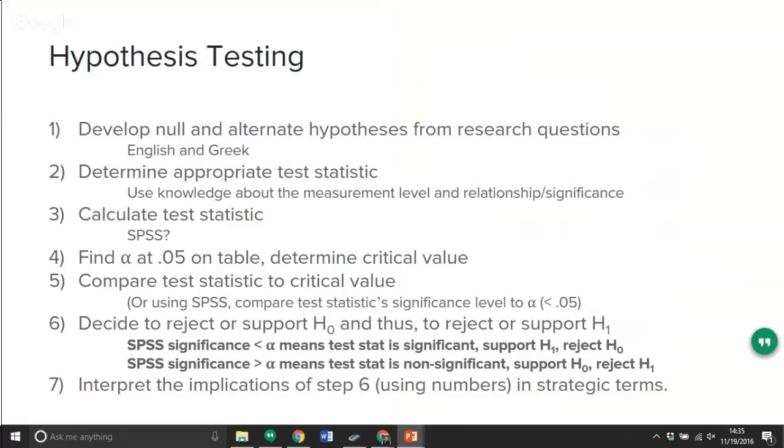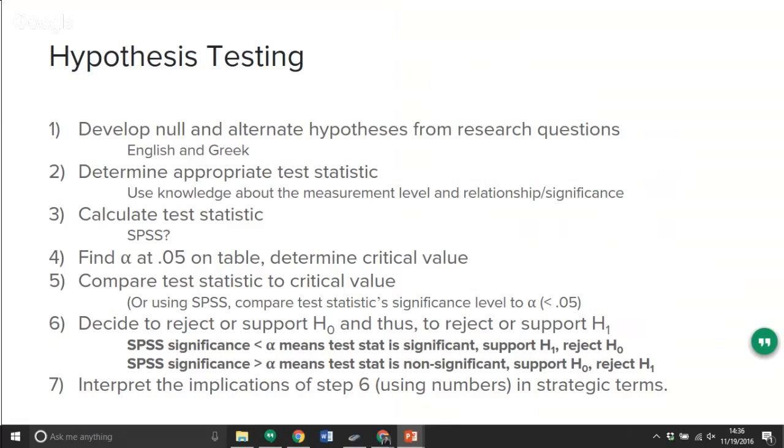Remember, we want to test the null hypothesis to see if there's nothing going on, but that's a boring hypothesis. We want to see that something is going on, that there is a relationship between ad spending and sales, that ad spending does increase sales, that there is a difference between the amount of ads spent on television versus the amount of ads spent on internet radio and their impact on sales.